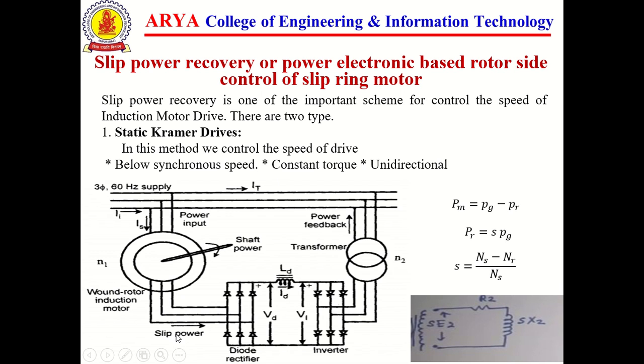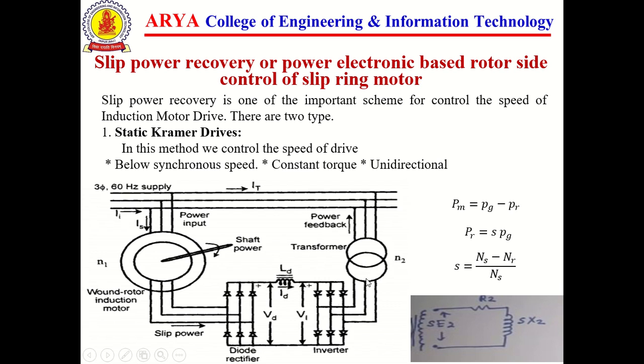Here we get the slip power, which is fed to the diode rectifier, and this is the reactor, a smoothing reactor, also known as the DC link. Here we get the DC output, and this is given to the inverter, and the inverter converts the fixed DC into variable AC.